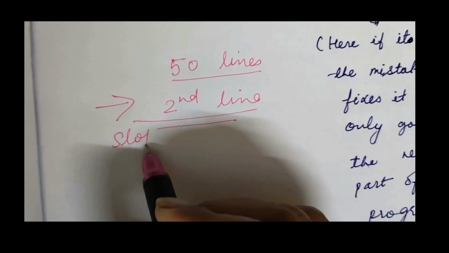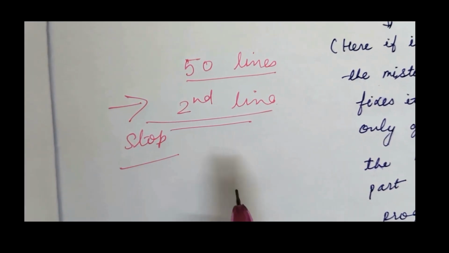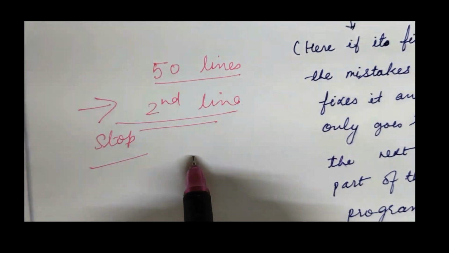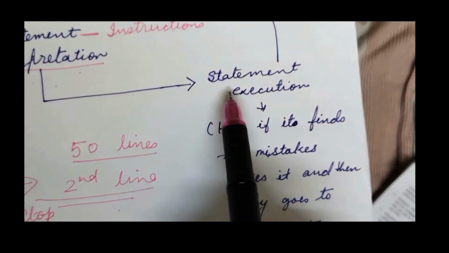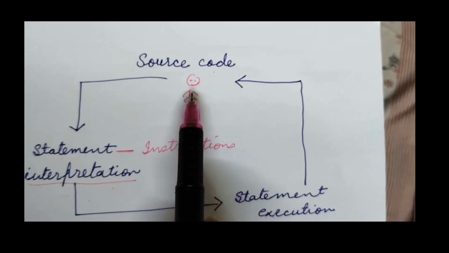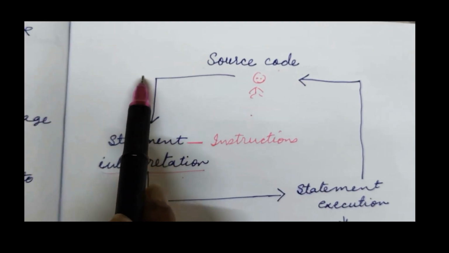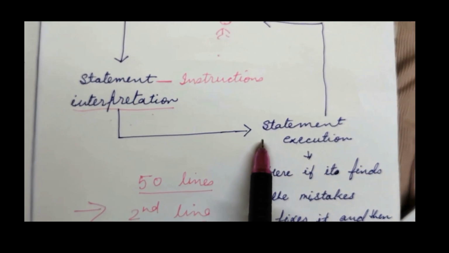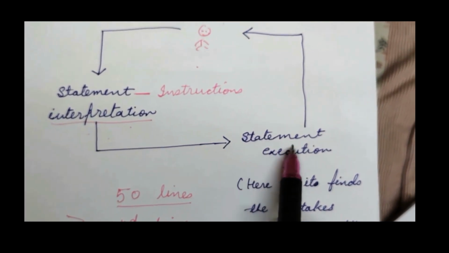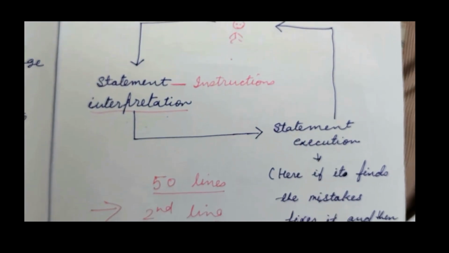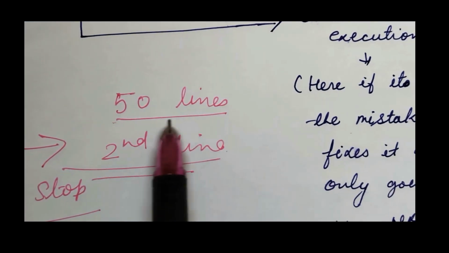Afterwards, it will correct it, remove the problem, and then start the cycle again. It will pick the second line, translate it, find the error, remove the error, and then go on. For example, I gave you 50 lines of instructions.